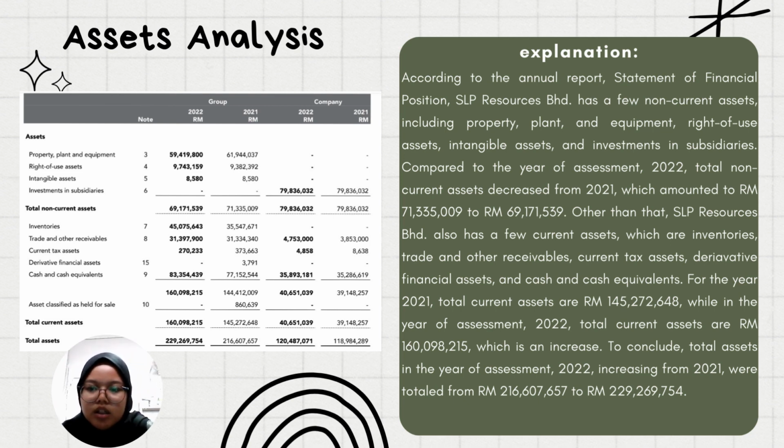To conclude, total assets in the year of assessment 2022 increased from 2021, from 216,607,657 ringgit to 229,269,754 ringgit.